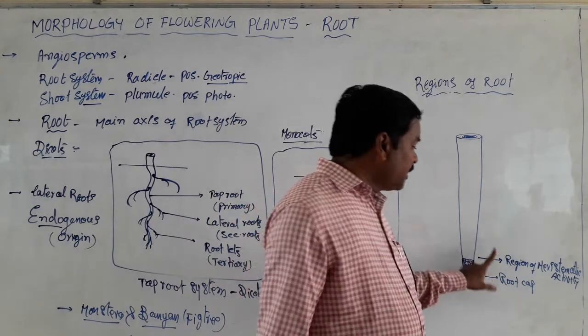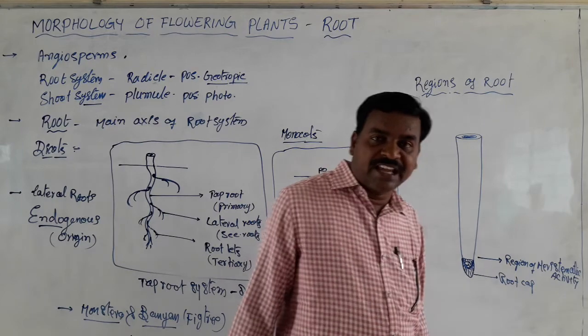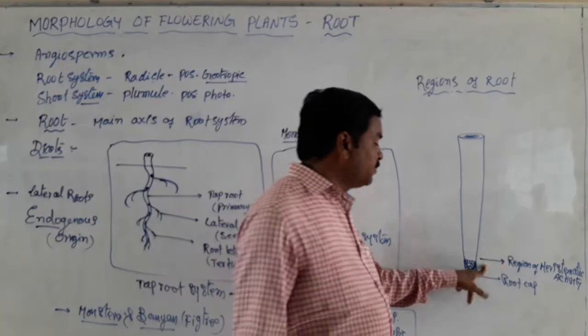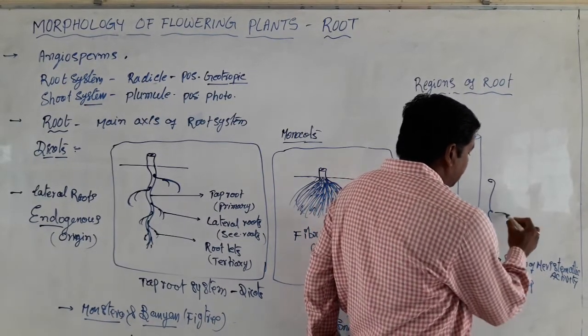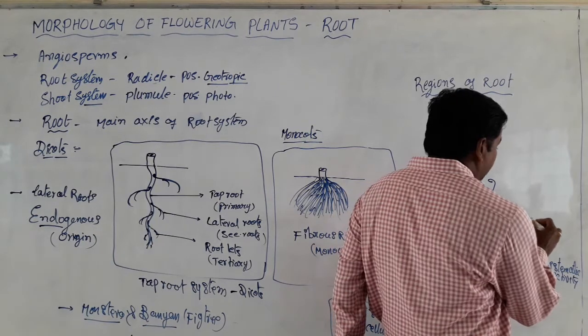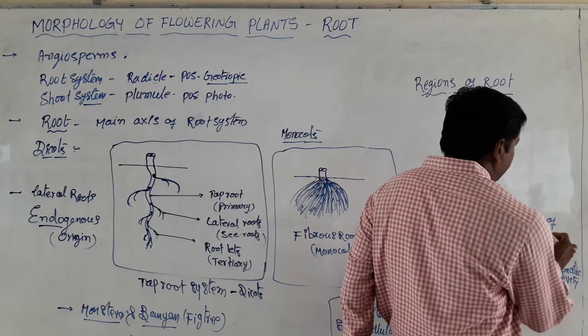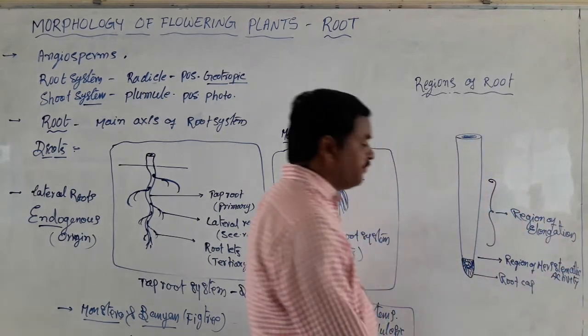Proximal to the region of meristematic activity, proximal meaning at the base, is the region of elongation.